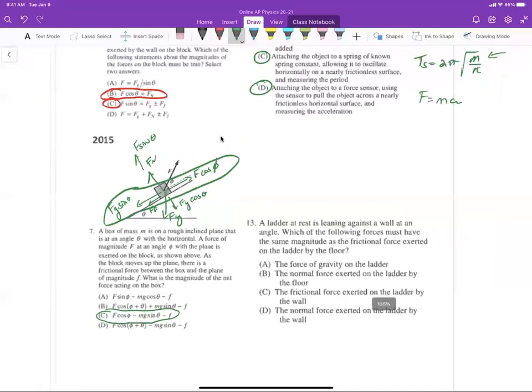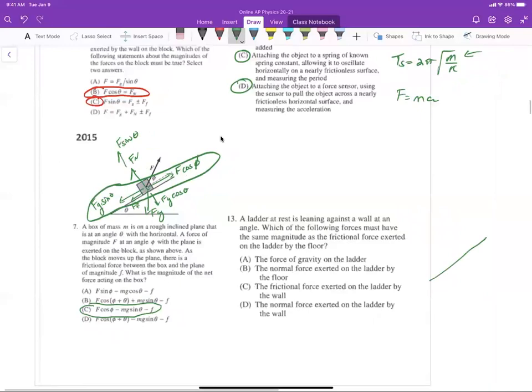We have a ladder that's leaning against a wall. They wanted to know which of the following forces have the same magnitude as the frictional force exerted by the floor on the ladder. That is located right here, force of friction, because it's trying to slide left. I'm only really concerned about the forces in the x direction now.